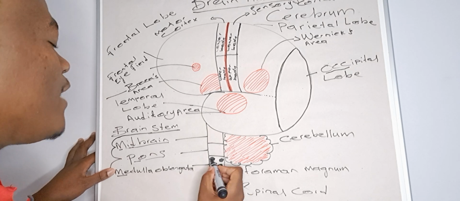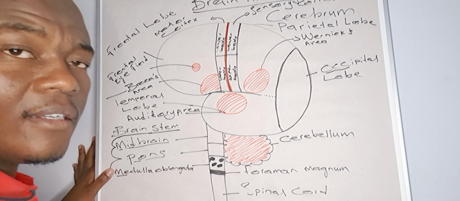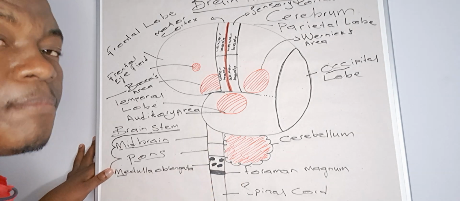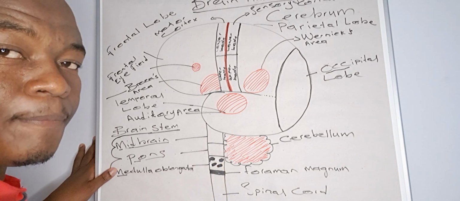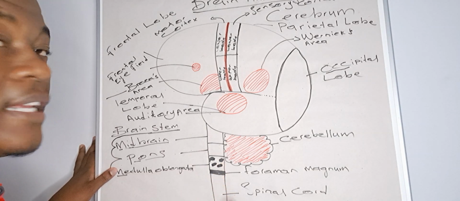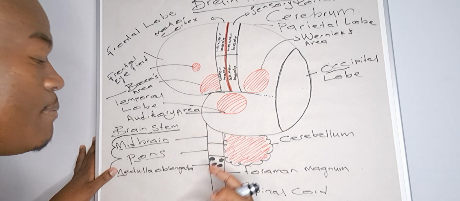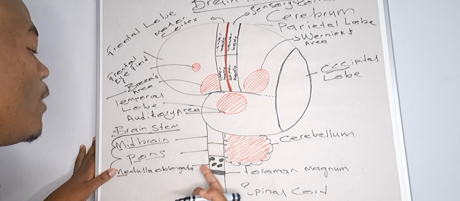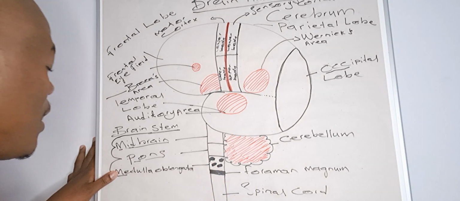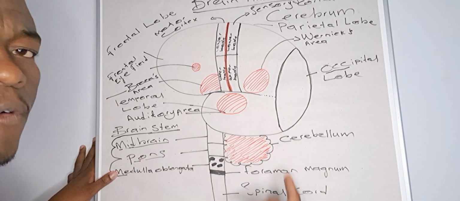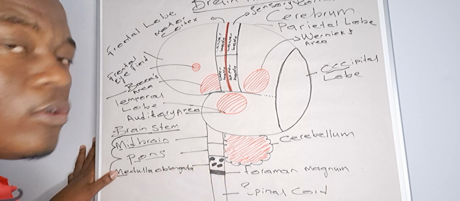Number one, we have a cardiac center. This is where the heart rate is controlled. Number two, we have our respiratory center. This is where breathing, the respiration, is controlled. Number three, we have our vasomotor center. That is where the blood pressure of your vascular system is controlled.